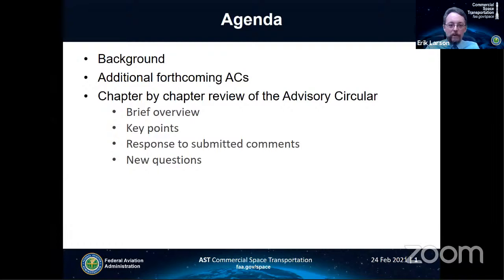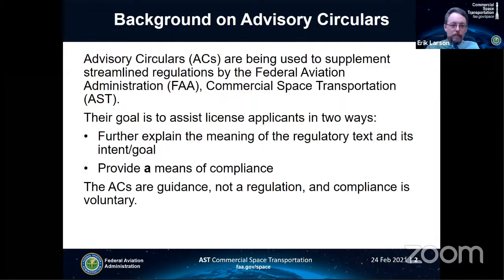And then for each chapter, we'll respond to additional questions that you post today, either through the Zoom Q&A, comments on YouTube, or the workshop's email. And of course, if there's more time at the end, we'll continue to respond to further questions. We want this workshop to help you understand and apply this AC to your operations so that your enterprise can be safe and successful. So let's move on to the background on advisory circulars.